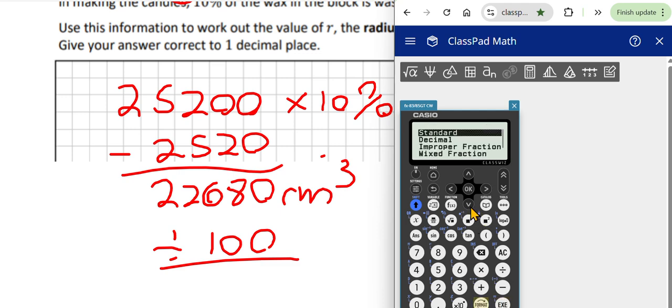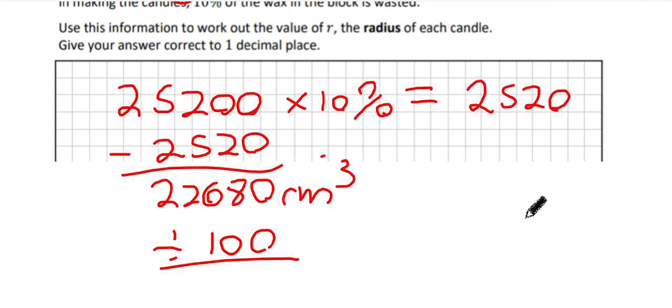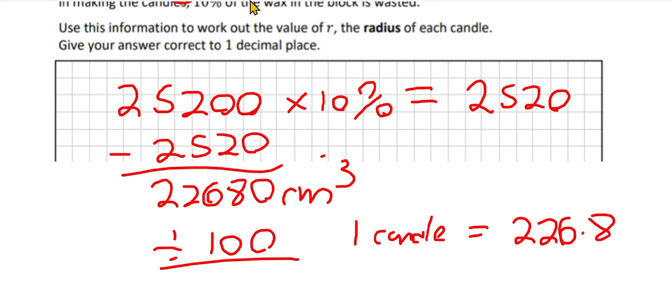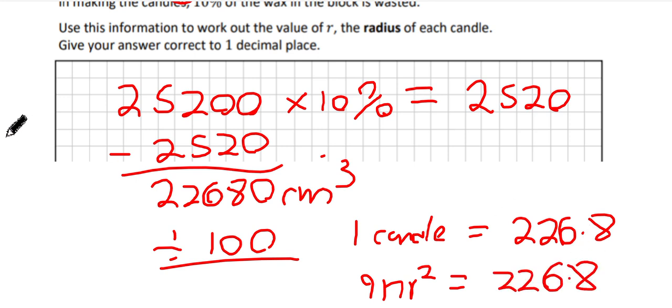And you get 226.8. Did anybody get that far without me? So, in part B, what did we say the volume of a candle is? One candle is 9 pi r squared, which is your 226.8.